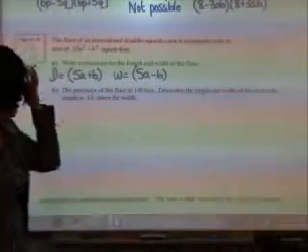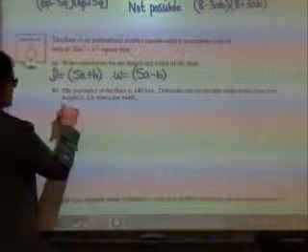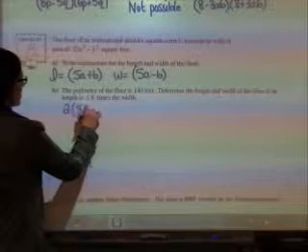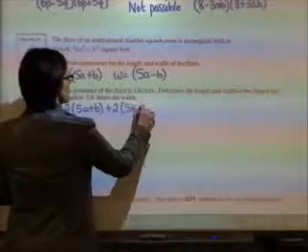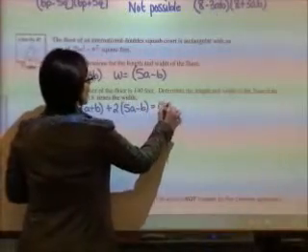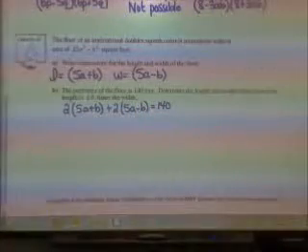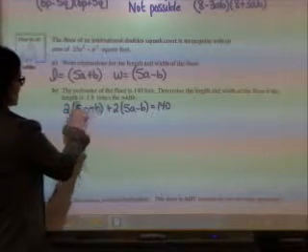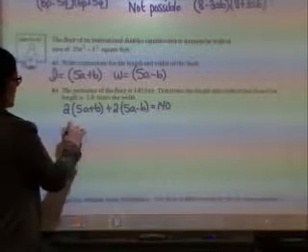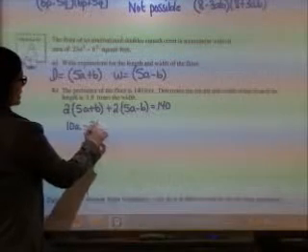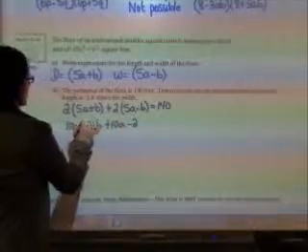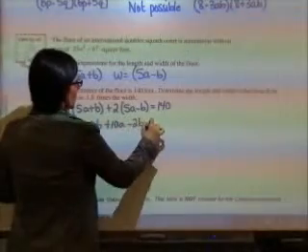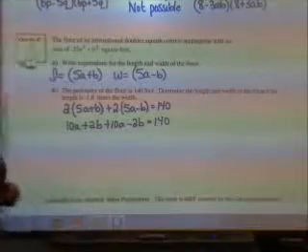So, I have the perimeter of the floor is 140 feet. 2 times the length, so 2 of the lengths plus 2 of the widths equals 140. So I expand this out. 2 times 5a gives me 10a plus 2b, plus 10a minus 2b equals 140.